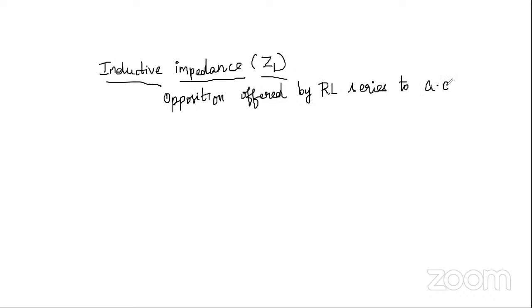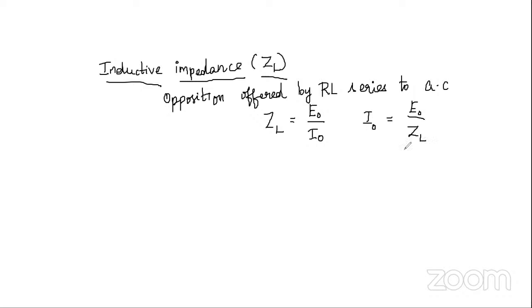That is called inductive impedance, and that is represented by Z suffix L is equal to E naught by I naught. So this implies I naught is equal to E naught by ZL.